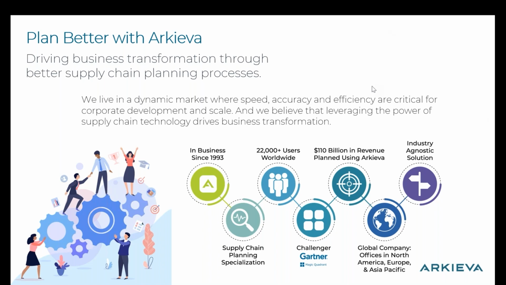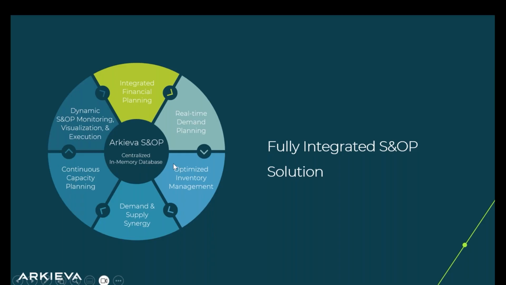We live in a dynamic world where speed, accuracy, and efficiency are critical to drive business transformation, and we believe that starts with better planning. Our goal is to enable your business to benefit and thrive from the way our solutions unlock the true value of your supply chain. Our fully integrated S&OP solution is a demand-driven business planning process that promotes cross-functional synchronization within the company, starting from integrated financial planning to demand and inventory management to create a more dynamic S&OP process using real-time dashboards.